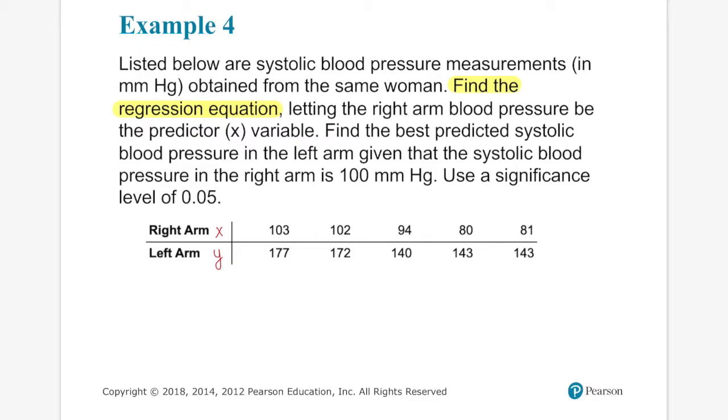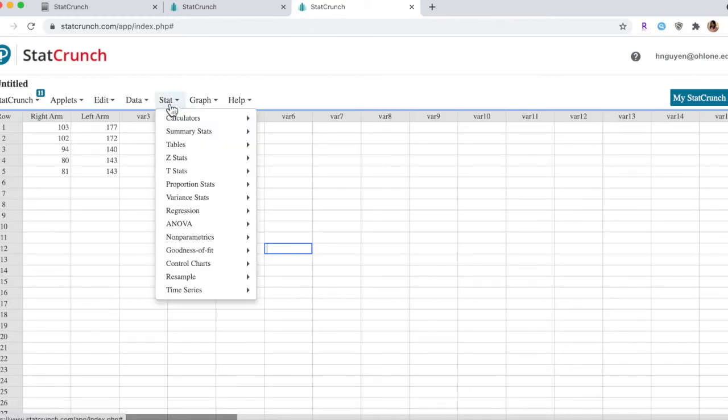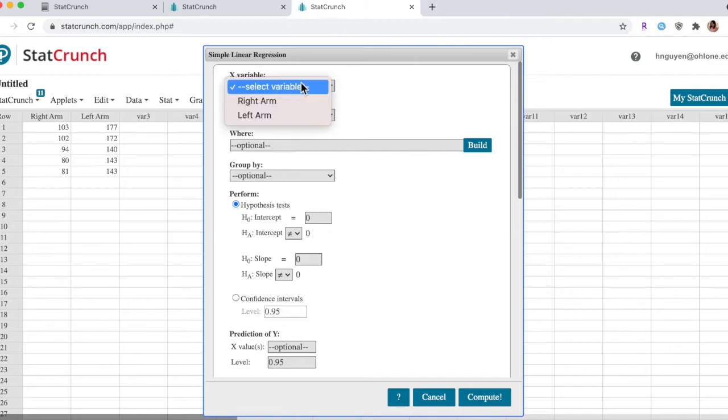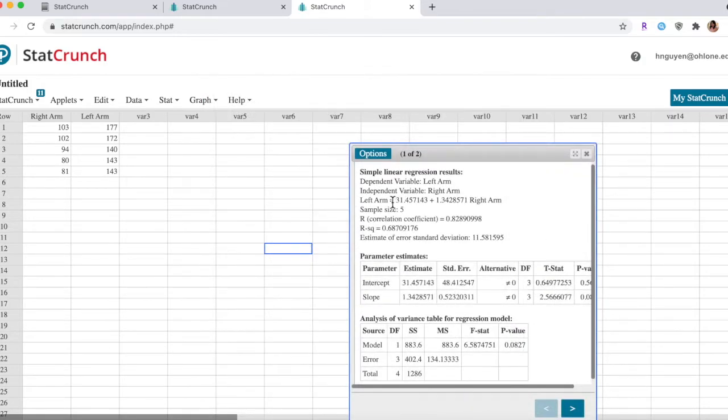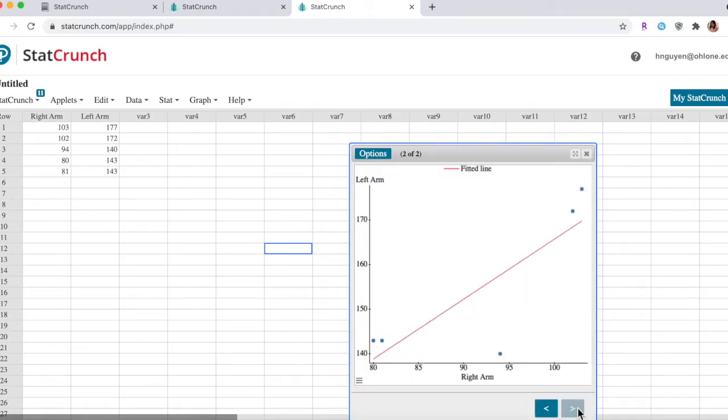I will use StatCrunch to go ahead and find my regression equation. Stat, regression, simple linear. X is the right arm and y is the left arm. Compute. This is your regression equation. And if you want to see the graph of the equation with a scatter plot, just click on this one.